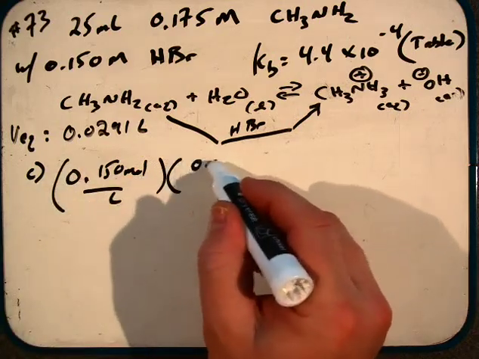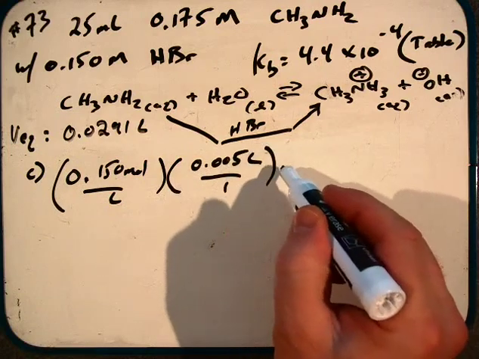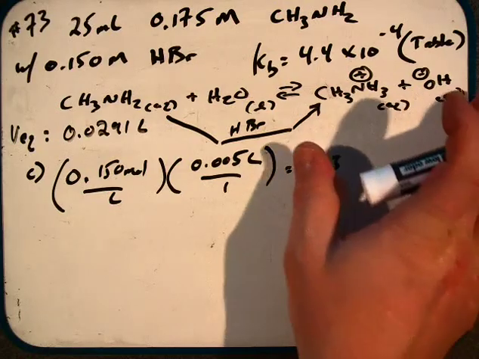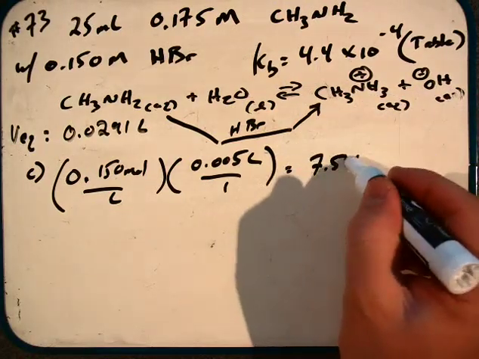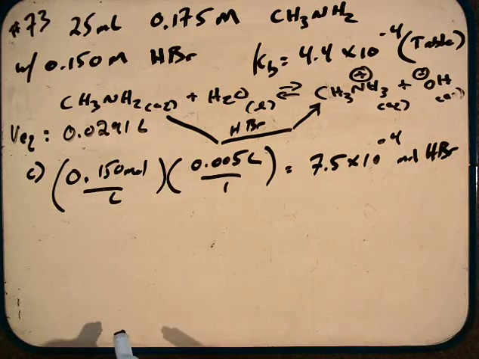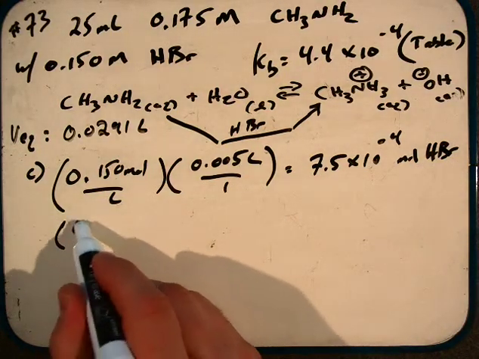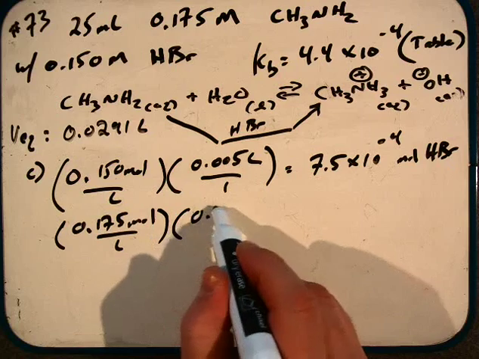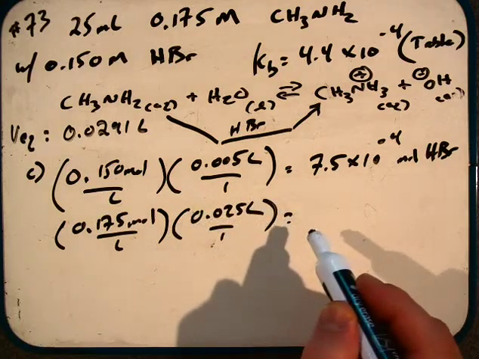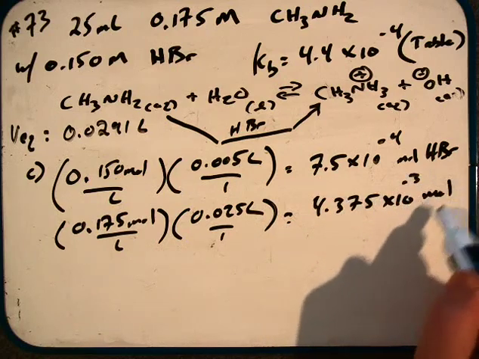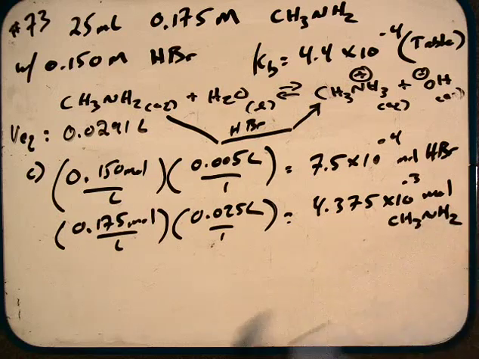So that's the first step, is to look at your concentration and get this into a mole value, 7.5 times 10 to the negative fourth. We also need to figure out how many moles of our parent base we have. So we take our concentration times the volume of the sample to give us moles of our starting parent base.